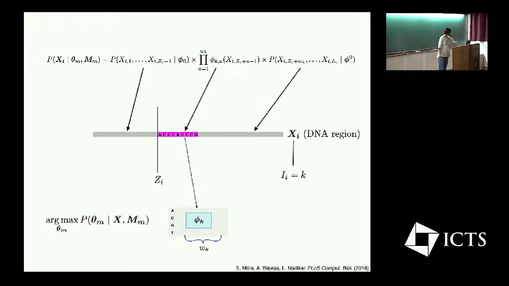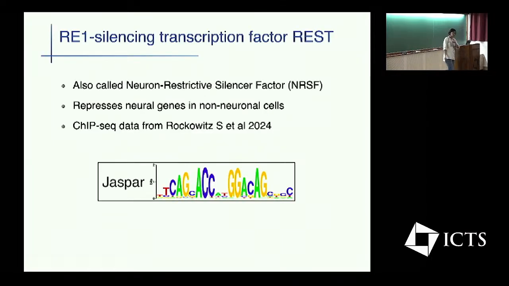I'll just very quickly talk about results for this method, so you can see what you get at the end of applying diversity. Here's a protein called REST, R-E-S-T, that is supposed to repress neural genes in non-neuronal cell types, and we know its binding site.